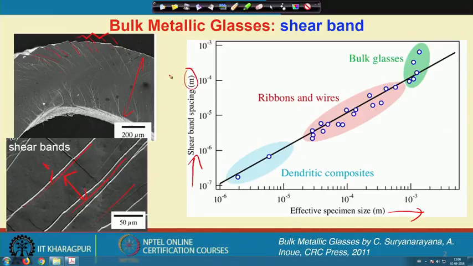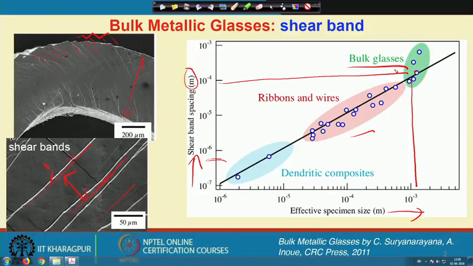Here the unit is in meters, so it is in the range of a few micrometers. In bulk metallic glasses, the larger the effective specimen size, the larger the spacing between shear bands. A thin ribbon can show some bending plasticity, but a bulk glass is almost non-deformable; one or two such shear bands are sufficient to fail the material catastrophically.